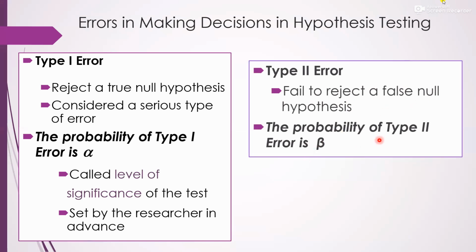The probability of type 2 error is denoted by beta, and it is related to the power of the test. But we will not look at the power of the test here.